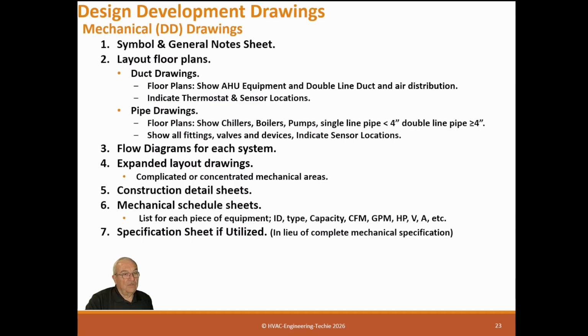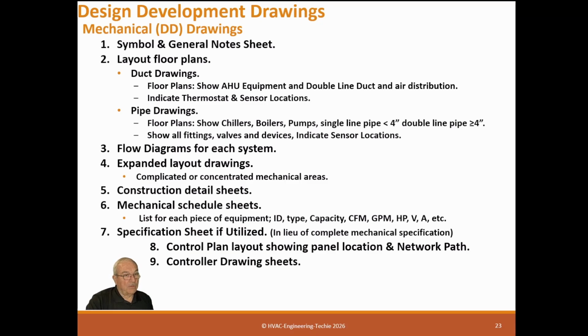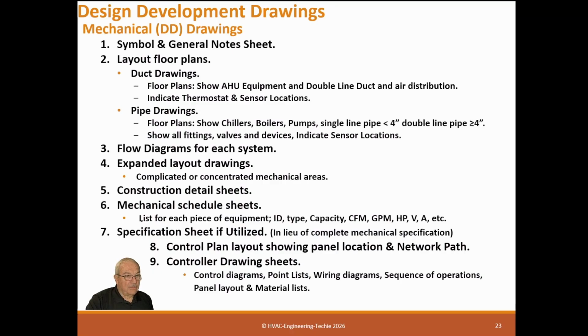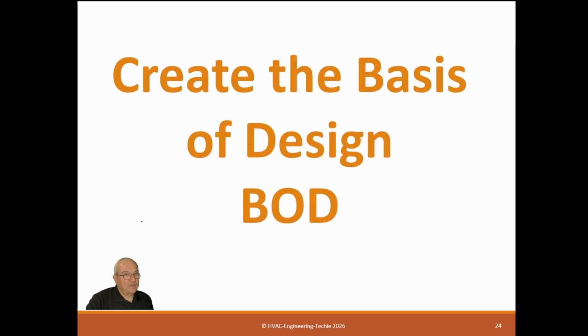Specification sheet, if utilized, if you got a real small job and you're not using a contractor's design spec from the architect, you're going to put everything on the drawing, then you'll need a sheet for those specifications. A control plan layout showing panel locations and network path, controller drawing sheets, control diagram, point list, wiring diagram, sequence of operation, panel layout, and material list. And all those need to be on the drawings.